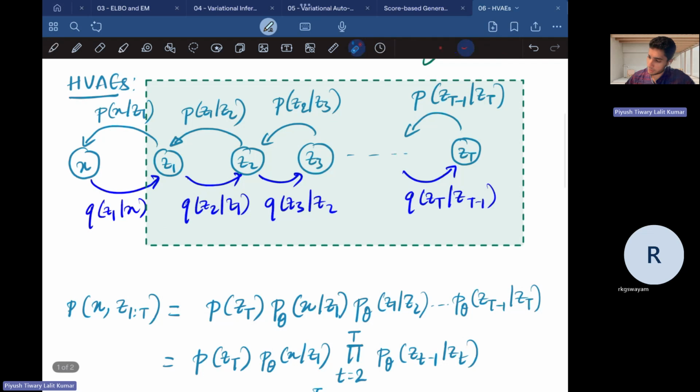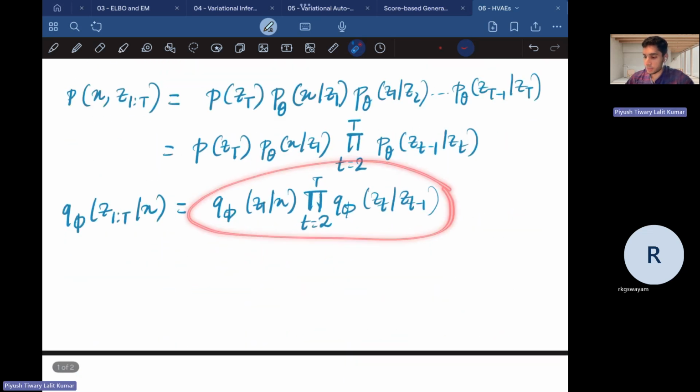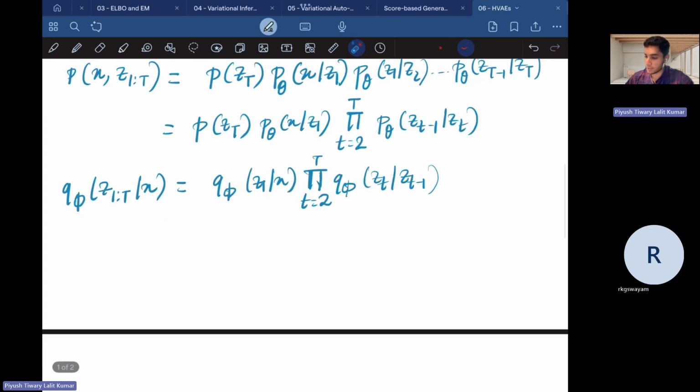It's quite simple: Z2 only depends on Z1, Z3 only depends on Z2, and so on and so forth. That's how the inference distribution would look.